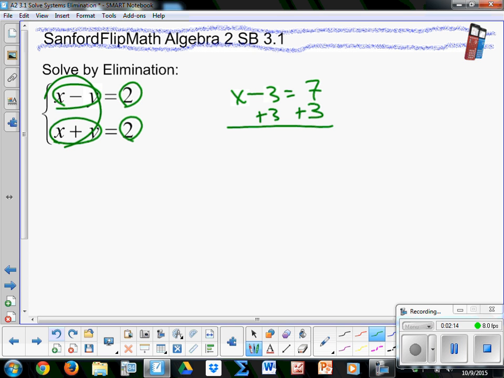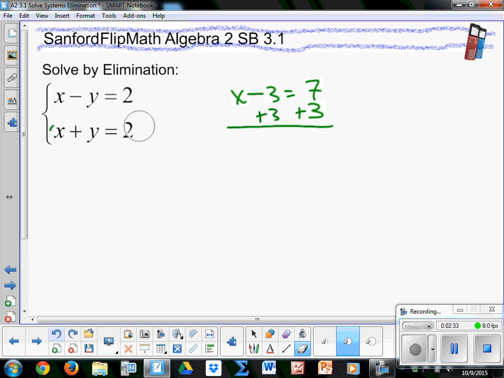Here, these things are actually the same thing. x minus y is the same thing as 2. So when I add x minus y to the left side and this 2 to the right side, I'm adding the same thing on both sides of the other equation. So that's why this works, and let's just do it.